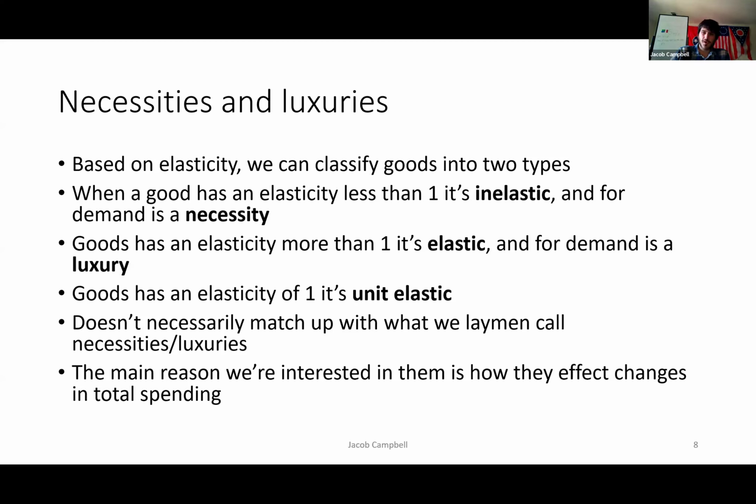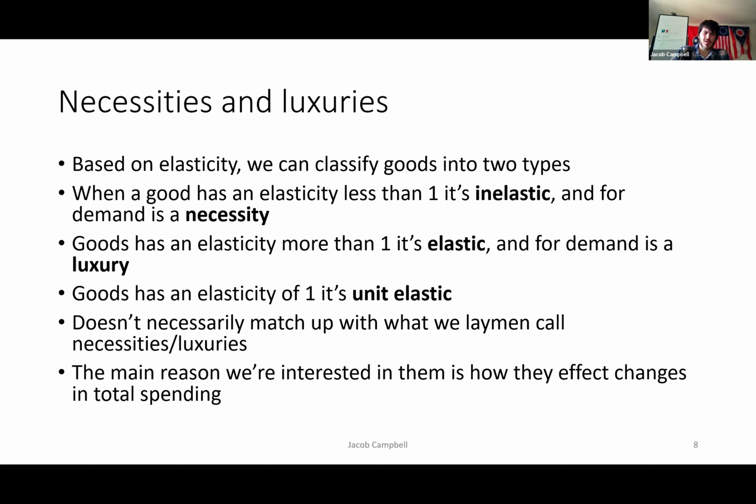Now, much like our terms substitute and complement, normal and inferior, necessity and luxury do carry with them a judgment. We have an assumption that the thing is inelastic or elastic because of how important it is. Just understand that it's not necessarily so.